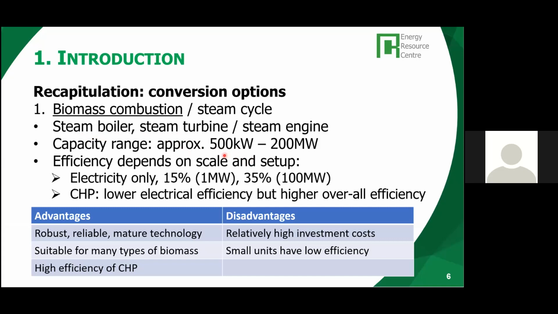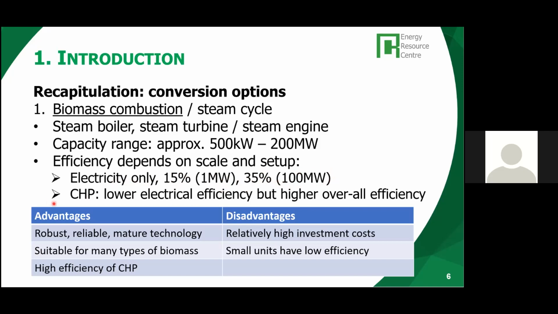The efficiency depends on the scale and the project setup. So let's say whether that's production of electricity only or production of electricity and heat. Let's say for smaller turbine systems, you could have an efficiency of roughly 15% for a 1 megawatt unit, and that can go up to about, say, 35% for a large scale unit.